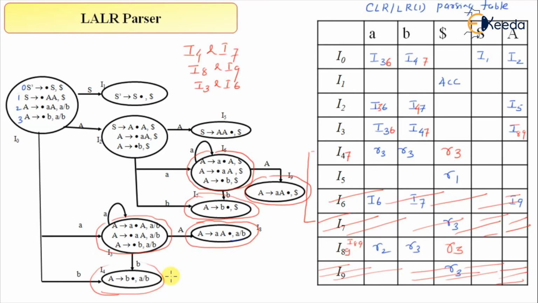One result I can show is what the I47 state will be. I47 will look like A derives B dot, and the follow will be a or b or dollar. I89 will look like A derives aA dot, with a or b or dollar.